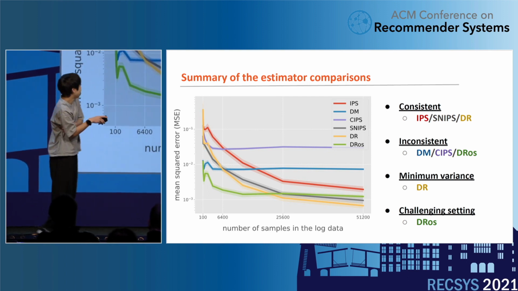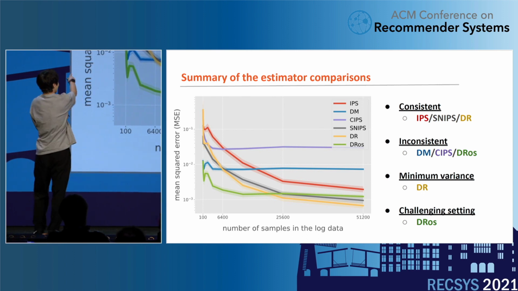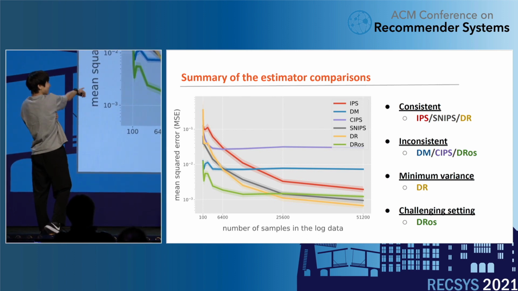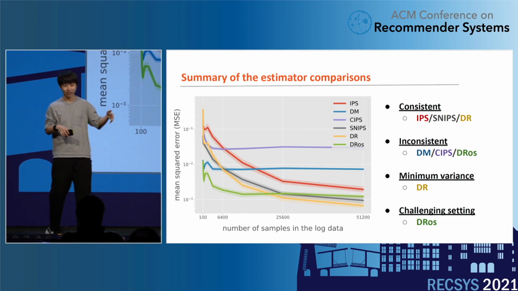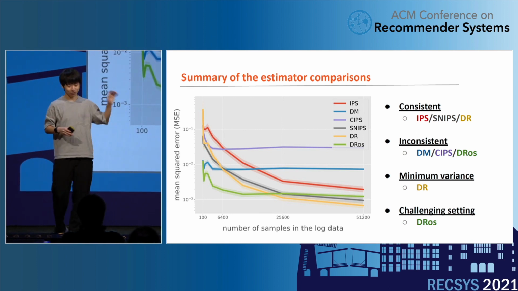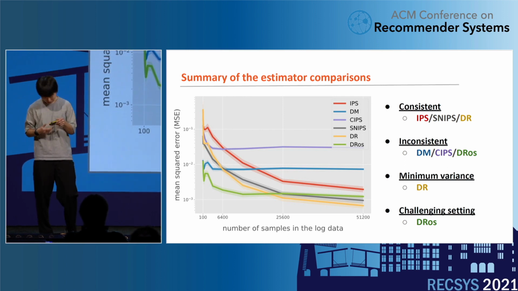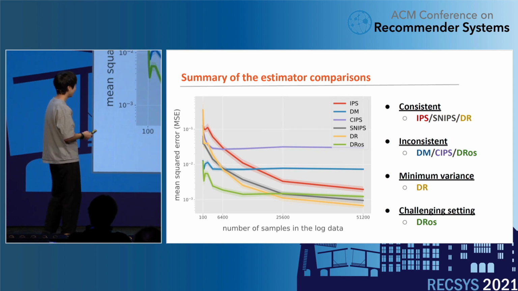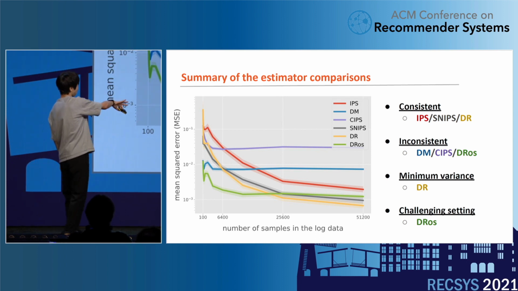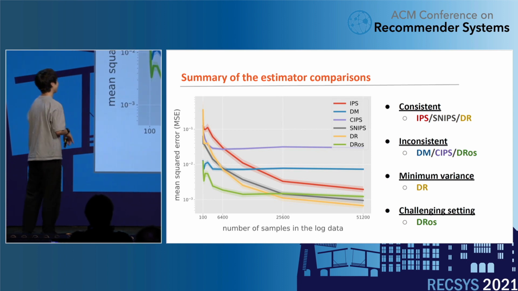And we clearly see that these three lines all keep decreasing the mean squared error with increasing samples. They are converging to the true policy value, meaning that the consistency is now clearly verified empirically, right? We clearly see the consistency, which is interesting, right?